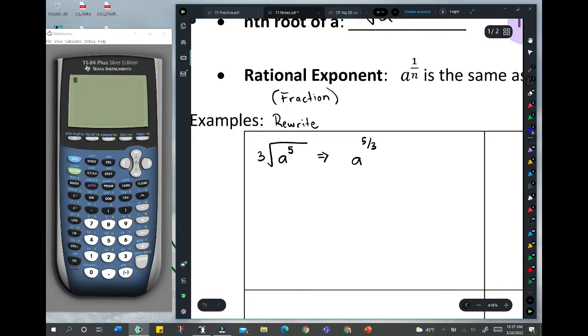So that's kind of going backwards. The index becomes the denominator, the 5 becomes the numerator, and we go from there. Okay, that's all you would have to do.